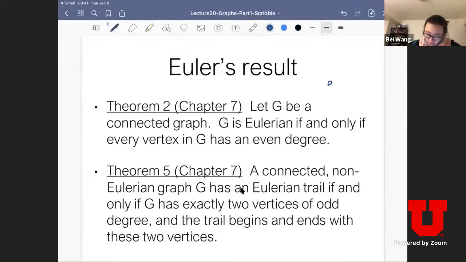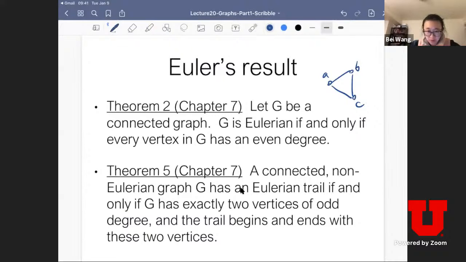So for example, a simple Eulerian graph is what I just drew here, where every single vertex has an even degree. Now theorem 5 says a connected non-Eulerian graph G has an Eulerian trail if and only if G has exactly two vertices of odd degree, and the trail begins and ends with these two vertices.